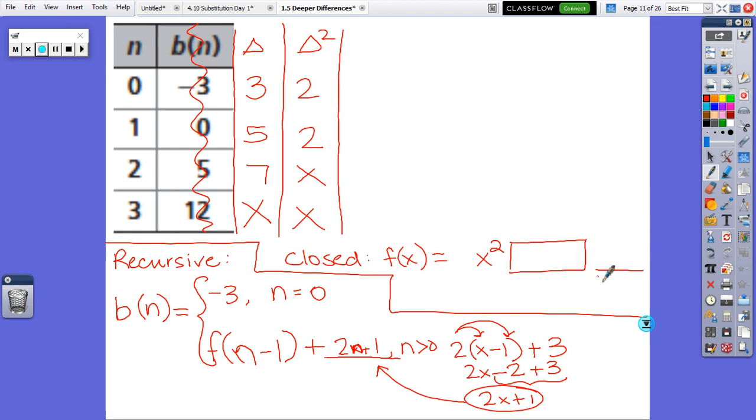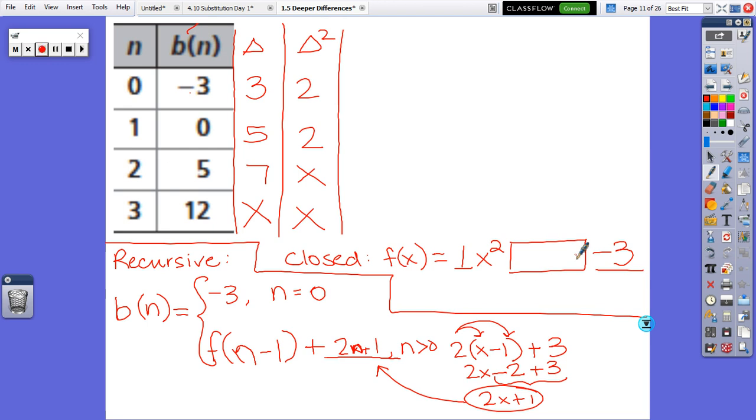Well, the something back here, remember, this is just our constant. And remember, that's going to come from this piece right here. So this is going to be our negative 3. And if you remember, the coefficient on x squared is going to come from our delta 2 column. And we just have to divide that by 2. So 2 divided by 2 is 1x squared. We just have to figure out what goes in here.